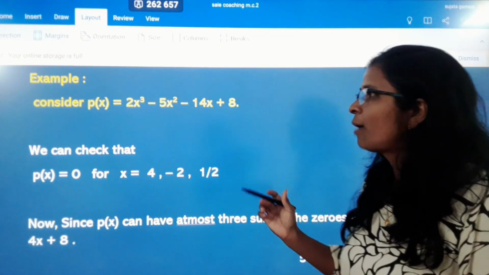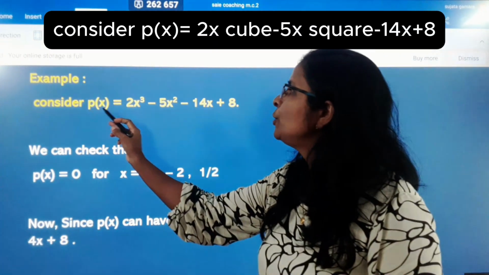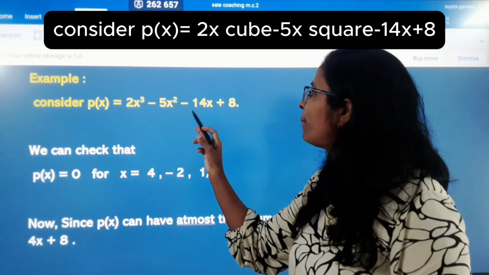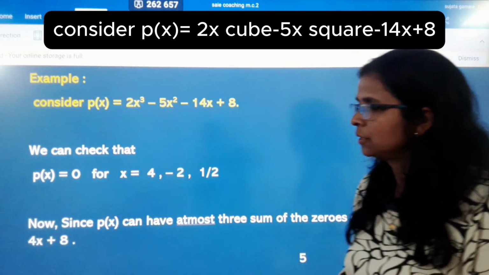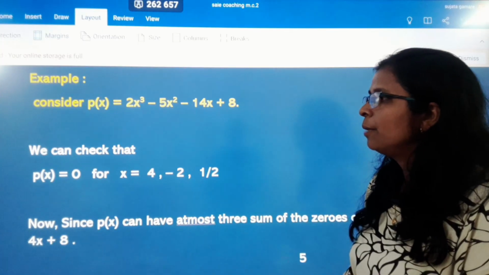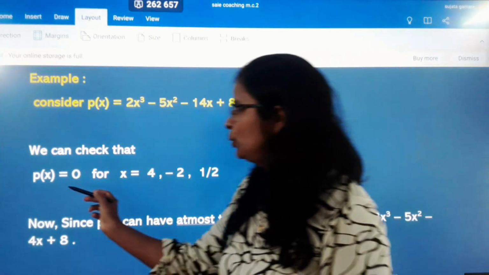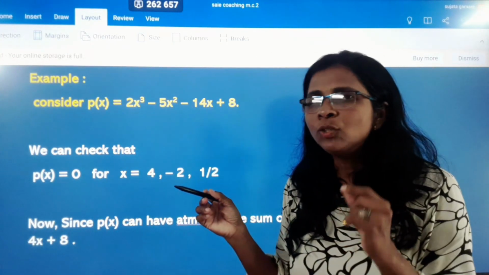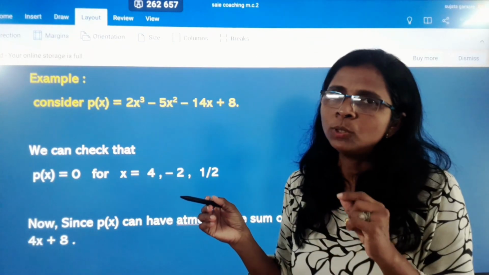Now consider the cubic polynomial 2x cube minus 5x square minus 14x plus 8. We can check for which values p of x is equal to 0, that is, for which values the value of the polynomial will be equal to 0.